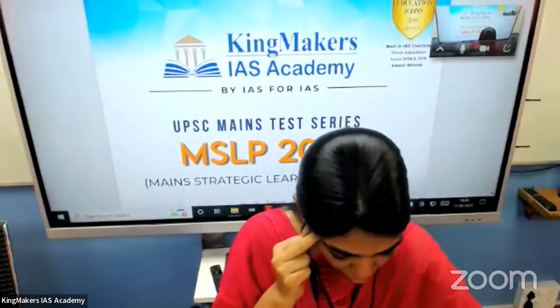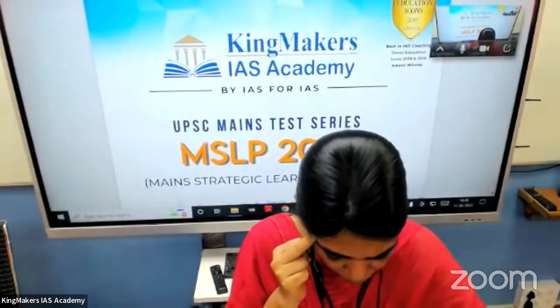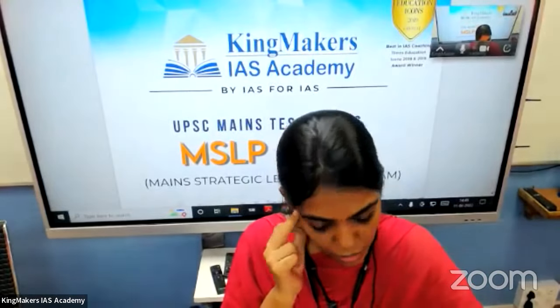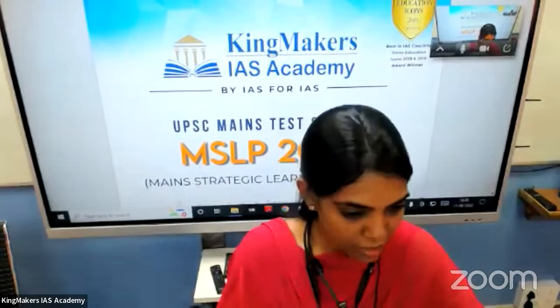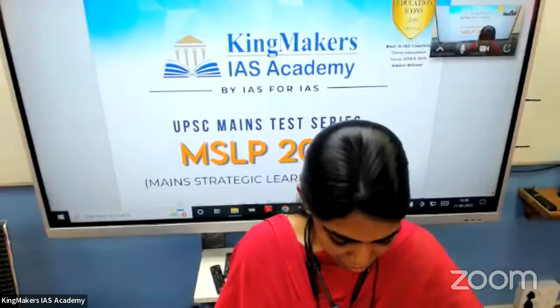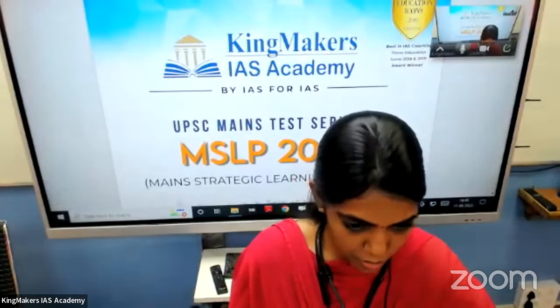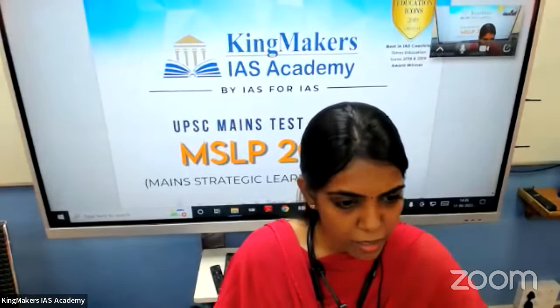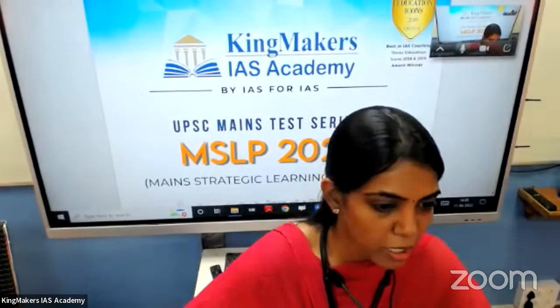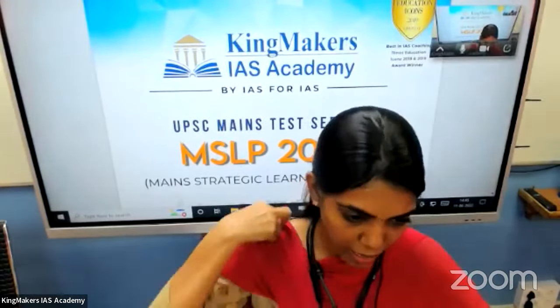In society, there's a topic called salient features and diversity of India. That's the first topic in society. For that you have to read one NCERT textbook. There's a lot of content in that book, but you have to choose whatever is relevant for the exam.